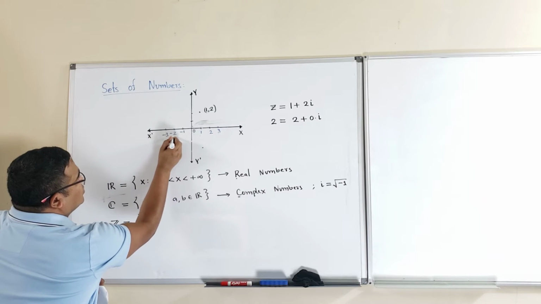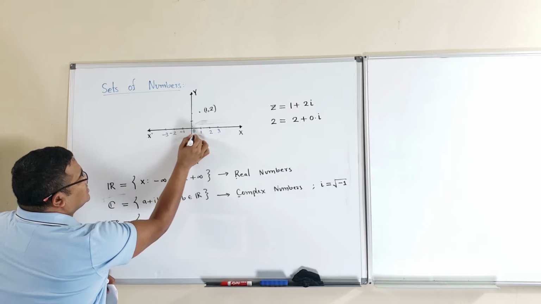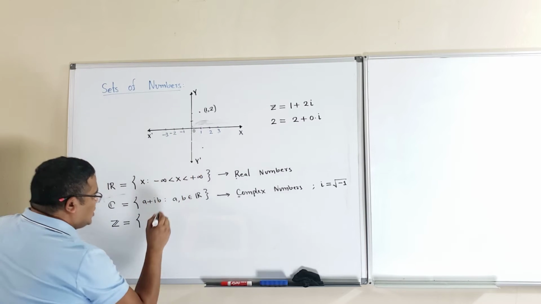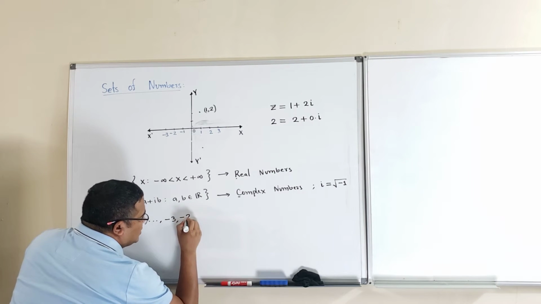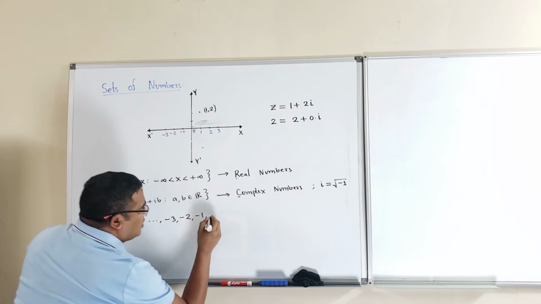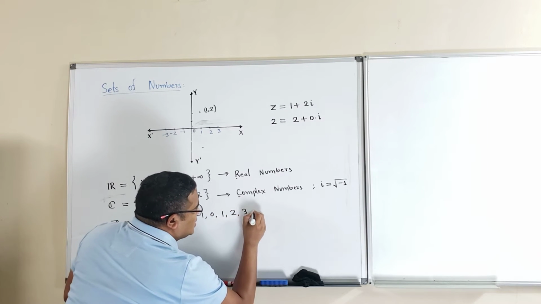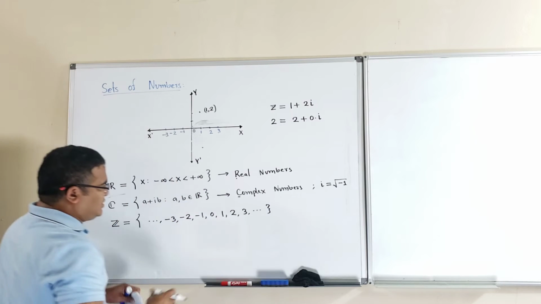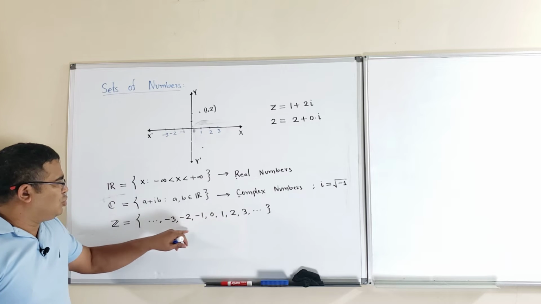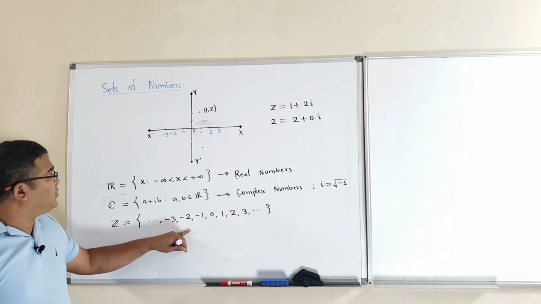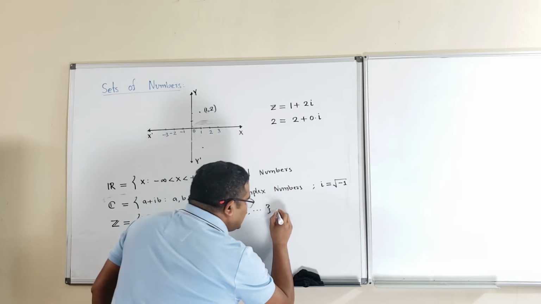These whole numbers are -3, -2, -1, 0, 1, 2, 3, and it keeps going. So those are whole numbers but both positive and negative. Those numbers are called integers.